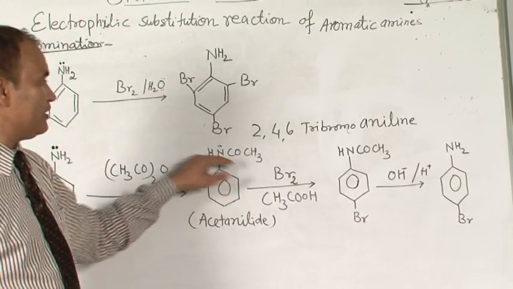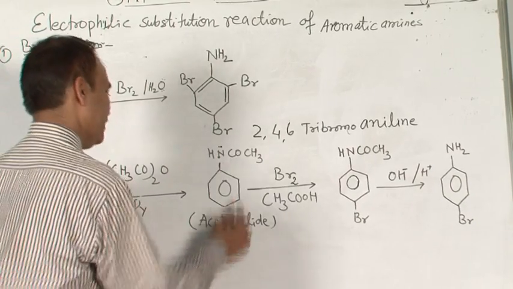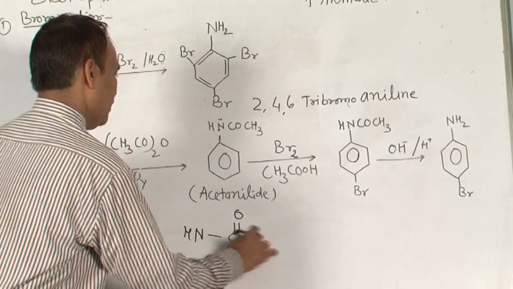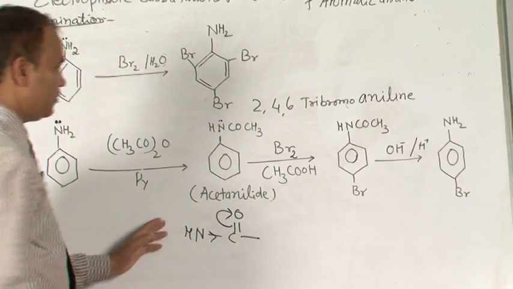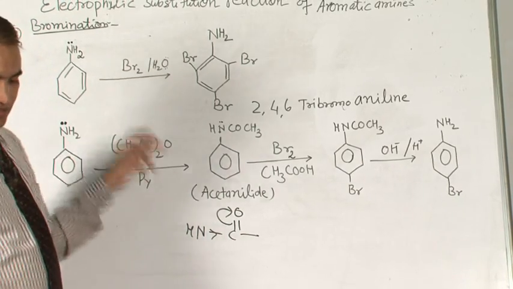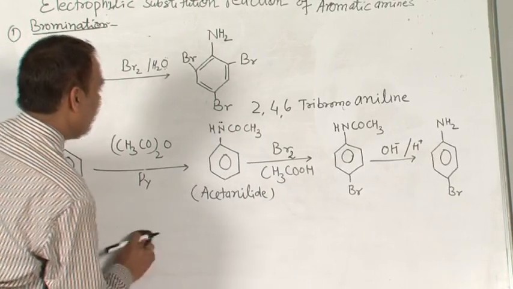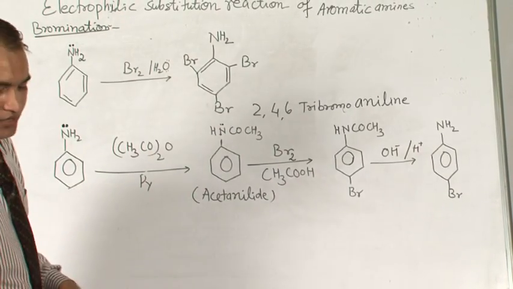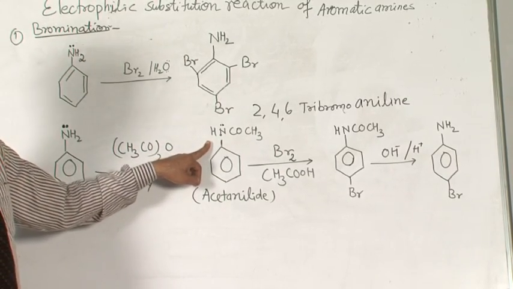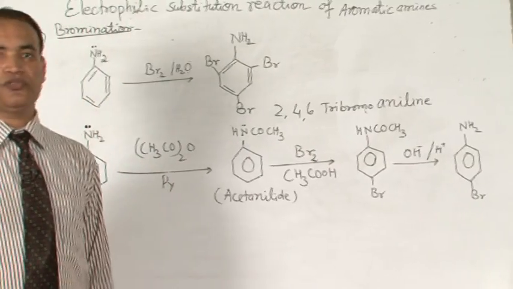This deactivates the reactivity of aniline, since if you see the structure, we find C double bond O NH2 here. That's why, to get para-bromoaniline, the aniline is first converted into acetanilide, and then we get the mono-substituted product.